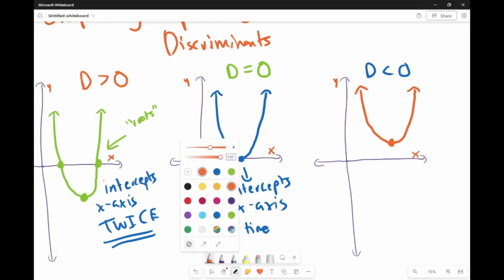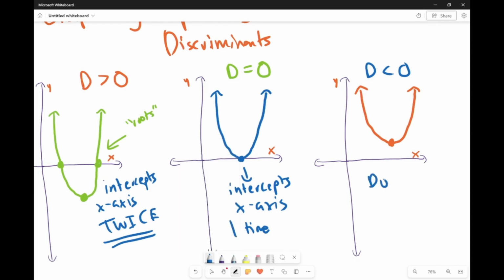And notice here, when D is less than 0, when we can't use the quadratic formula to get a real number, because what's under the radical is negative, and we don't have any real roots, our graph will not be touching the x-axis. It will not be touching it at all. Does not have any x-intercepts.